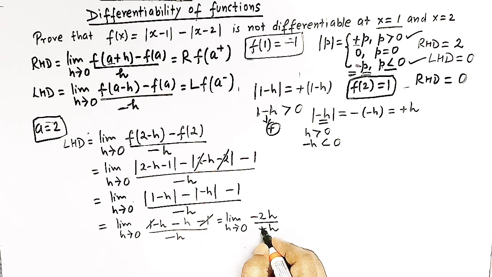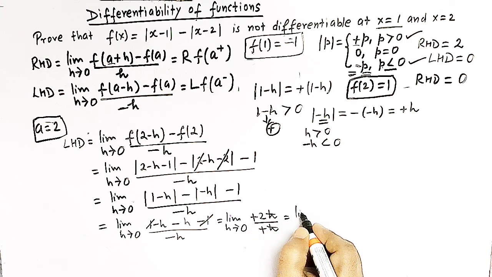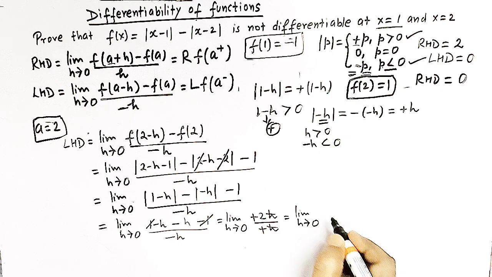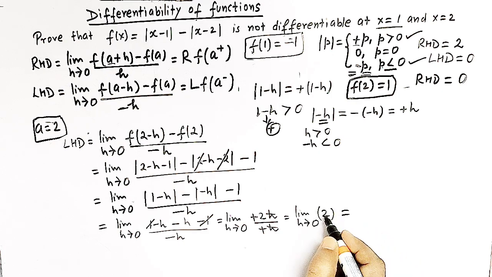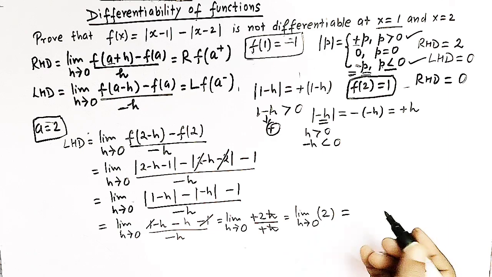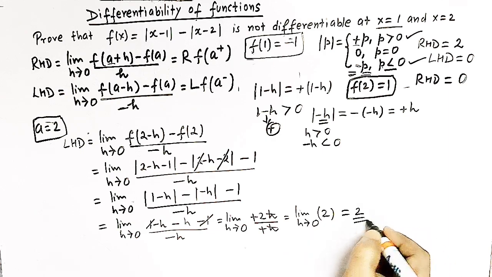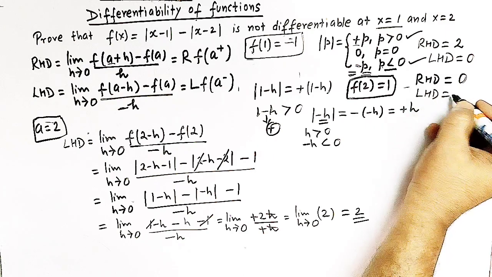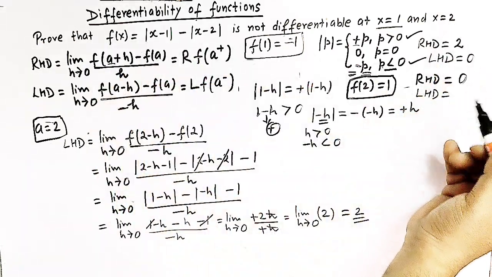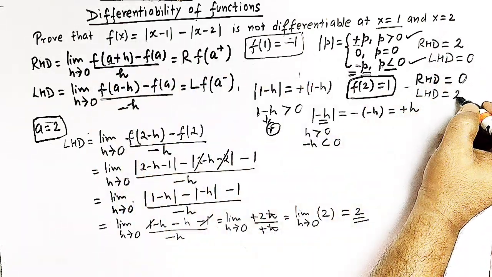And here negative and negative get cancelled, h and h get cancelled, and we have limit h tends to 0 of 2, and this term is independent of h, so here we have simply 2. So the left hand derivative of this function at x is equal to 2 is 2.